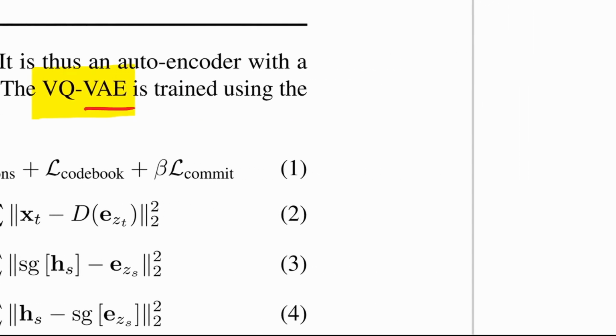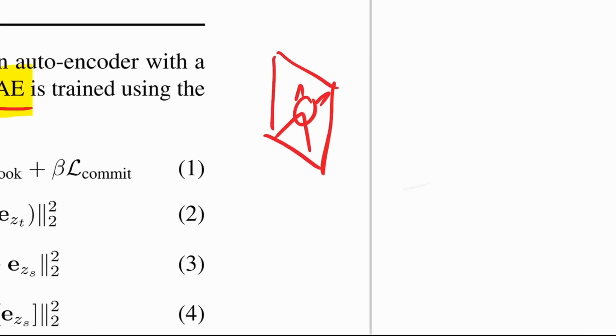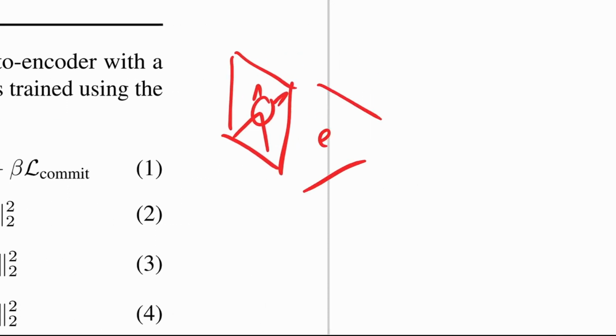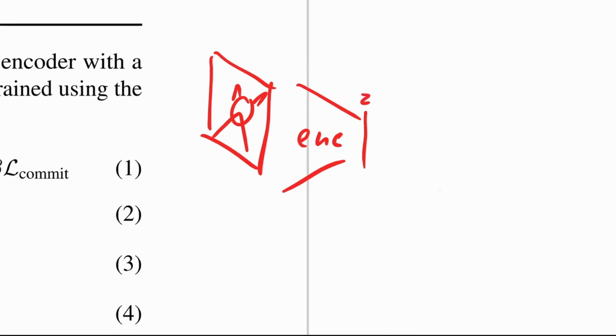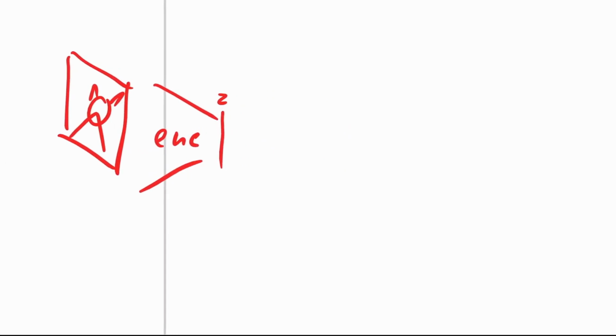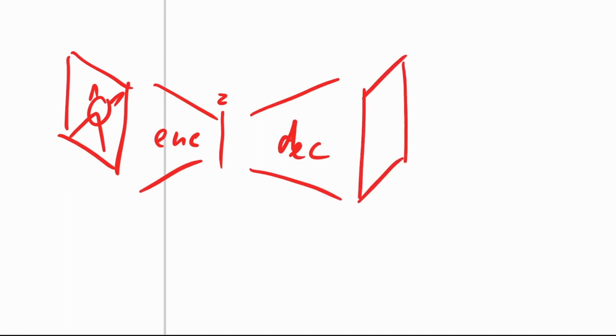So in a variational autoencoder, I have an input, let's say an image here of our typical cat, and I put it through what is called an encoder in order to get a hidden representation. Now this hidden representation, usually called something like Z or H, is then in a classic autoencoder fed to a decoder, and then I train that decoder to match that original picture as closely as possible.